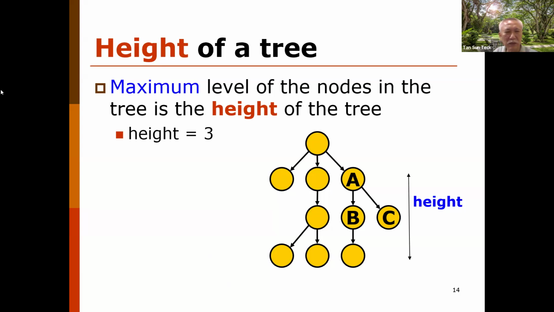For them, the height might include the root, and then the height under that definition is equal to 4. But using our definition, the height is equal to 3. So pay attention and remember this. If you are reading some other book, you cannot say they are wrong. It is not that they are wrong. That is how they define the height.